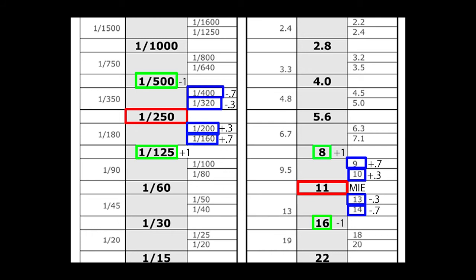After the MIE is attained, the meter indicated exposure, you will not use the light meter to tell you where to set it. You will use this chart to tell you where to set your exposures. Now we'll look at some of the key points you need to remember, and then we'll look at the results of our bracketing, and it will show these exposure settings that are used for each picture that is there.